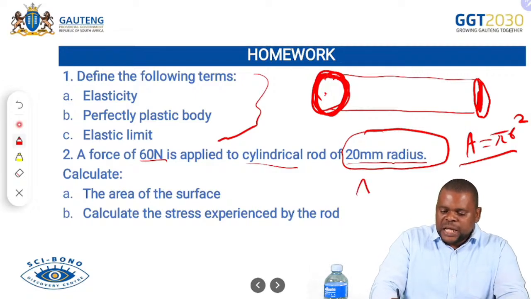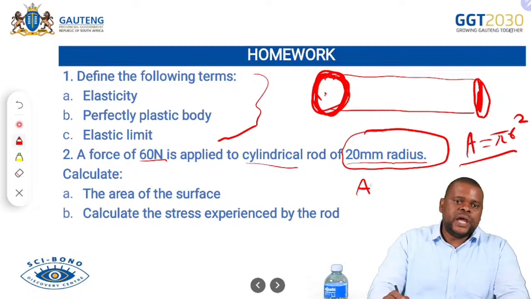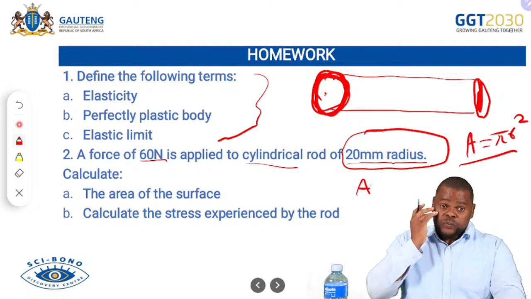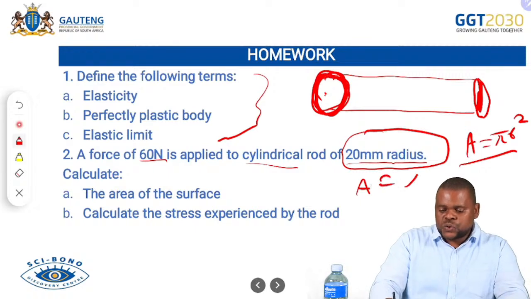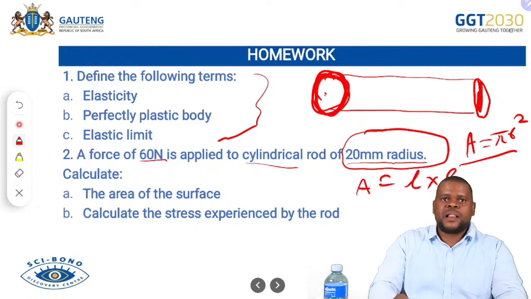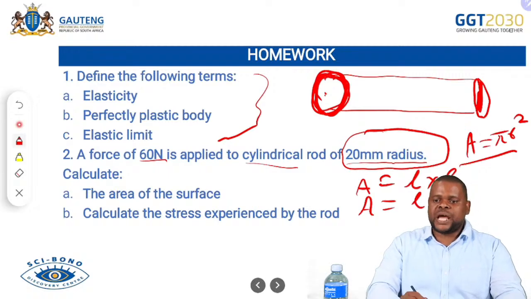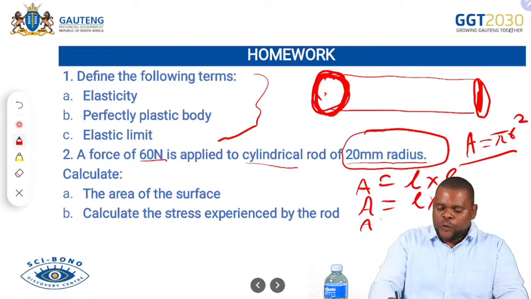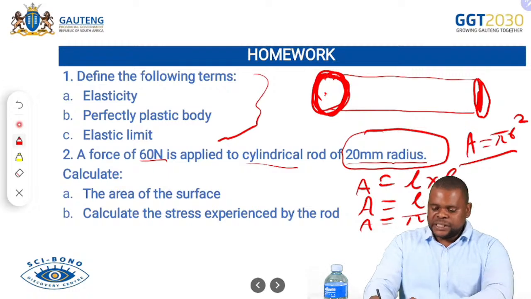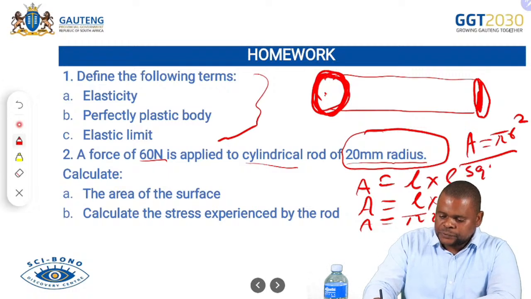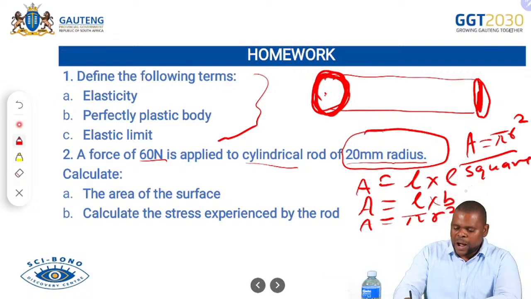Like for instance, area of a square is equal to length multiplied by length. Area of a rectangle is equal to what? Length times breadth. Are we together? Then area of a circle is what? Pi r squared. Can you see? This is for what? Square. This is for what?